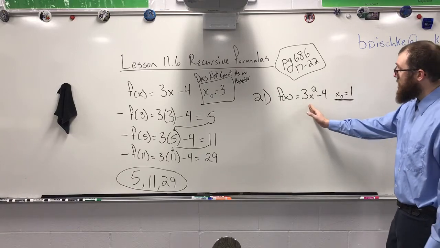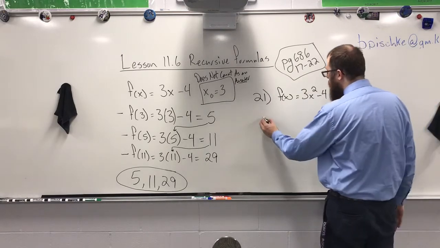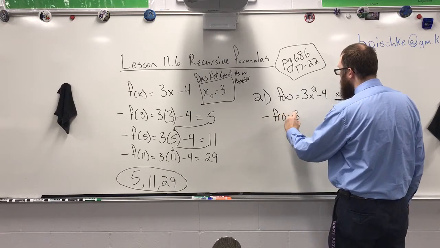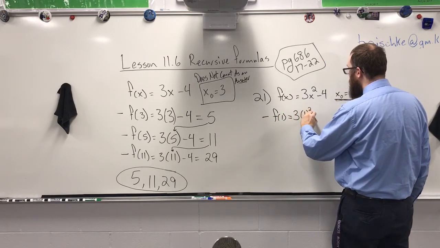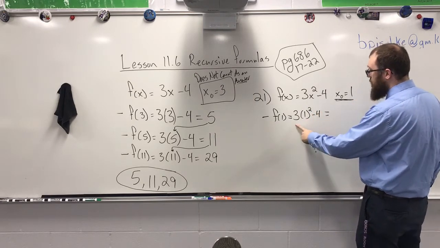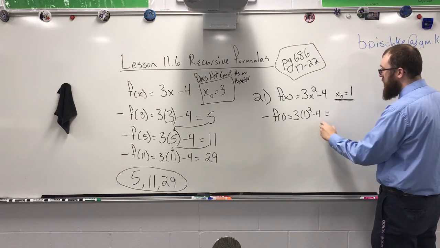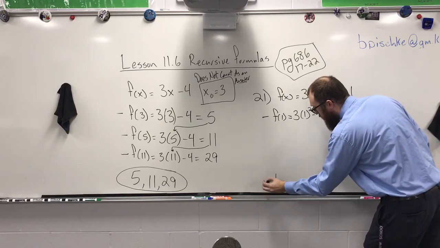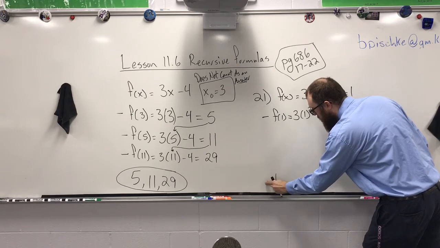So my first solution will be f of 1, which is 3 times 1 squared minus 4. 1 squared is 1. Times 3 is 3. Minus 4 is negative 1. The first answer to my problem is negative 1.